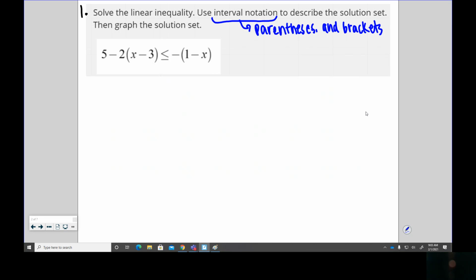So we're going to solve the linear inequality, basically get x by itself. We're going to use interval notation to describe our answer. And then we'll graph the solution set, which will just be on a little number line. When it says graph the solution set, it's always on a number line.